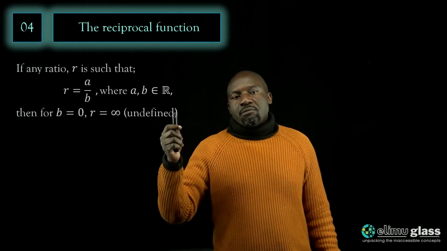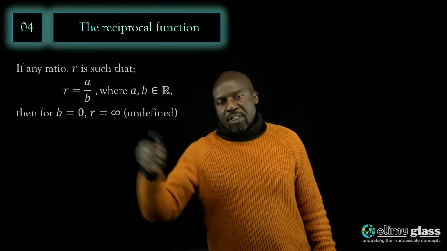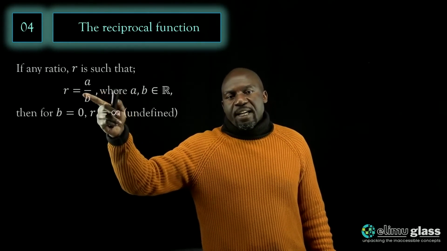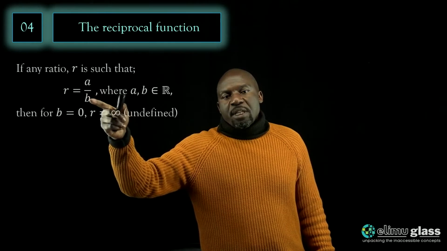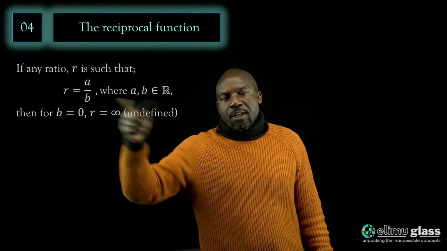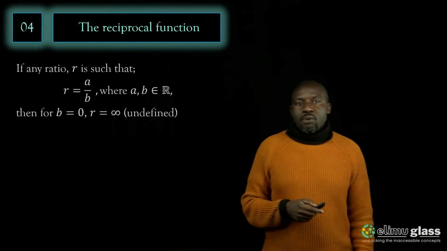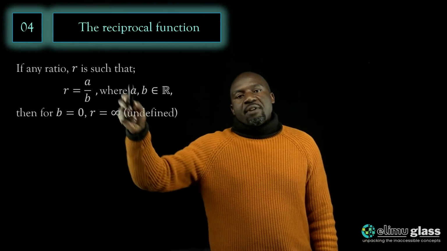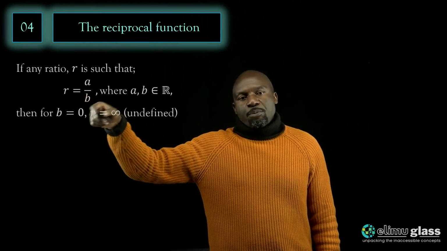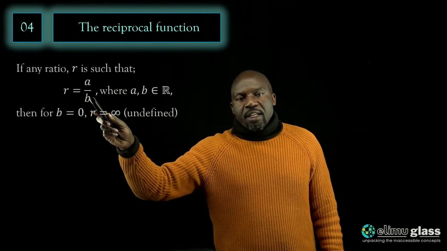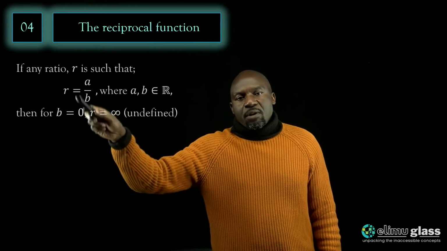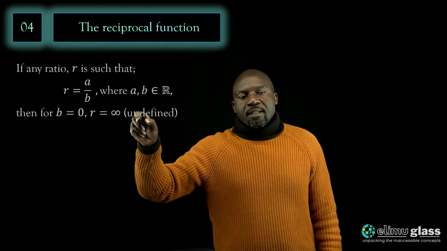We will not know anything about it, all right? So for this ratio to remain defined, the value of b must never be equal to 0. This is the rule that I want us to keep in mind, okay? Whenever you have a rational function or a reciprocal function, the denominator there must never be equal to 0. If it is 0, that whole thing becomes undefined, okay?